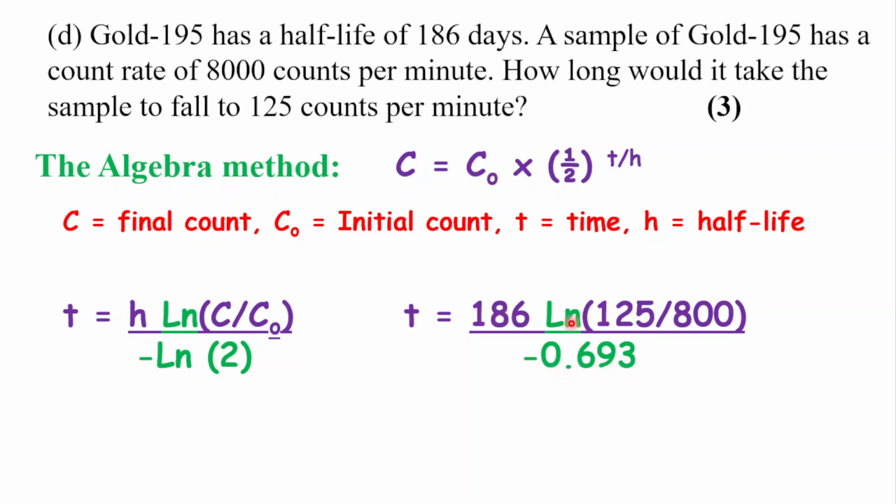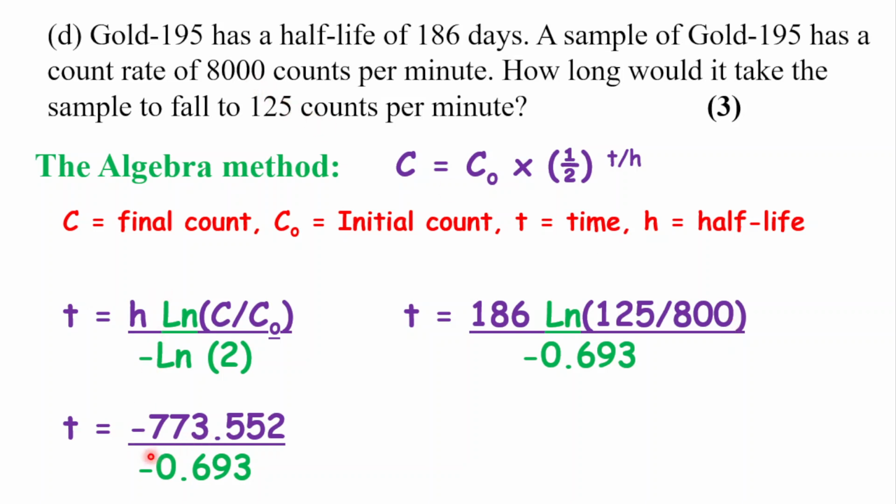To work out the numerator, press on the calculator 186, then press ln, then 125 divided by 8,000. Sorry, I said 800; this is supposed to be 8,000, not 800. My mistake. I'm plugging 8,000 into my calculator. Once you have done that, you'll get negative 773.552. Again, this is not 800. This is 8,000 based on the question.